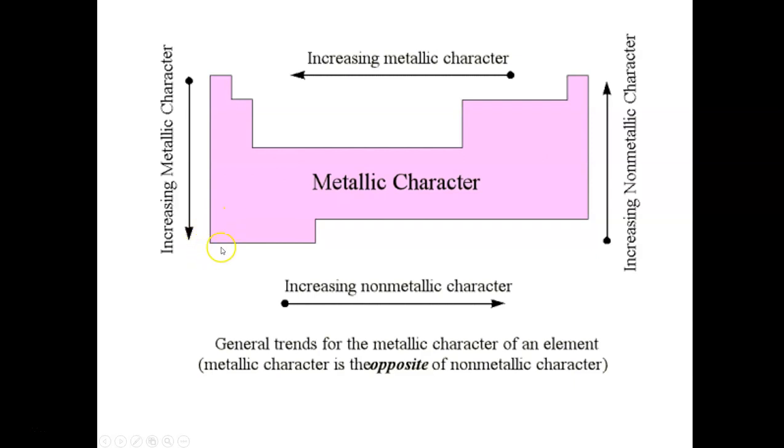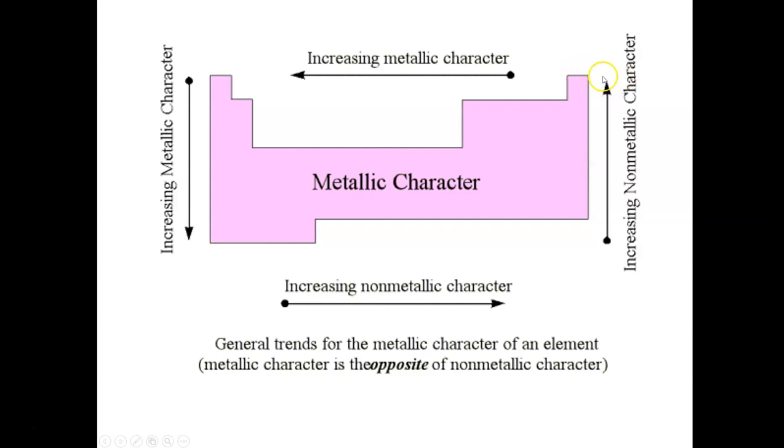That means down here at this corner of the periodic table, this would be the most metallic any of the metals ever get. Out of all those things that metals do, this metal right here, which happens to be francium, by the way, does metal things better than all the other metals. If you're talking about nonmetals, things become more nonmetallic as you go to the right and as you go up.